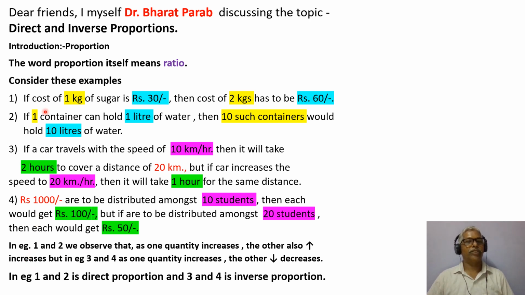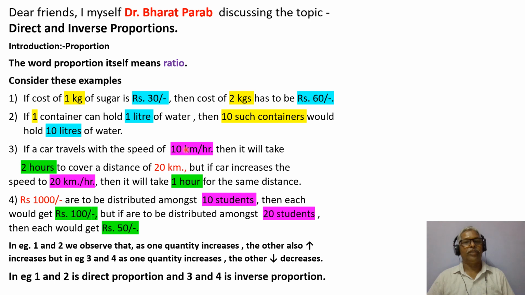Just see, in the first and second, when the weight increases, the price also increases. Or here, if the containers increase from 1 to 10, then the capacity also increases from 1 to 10. But here, the speed is doubled, the time is halved, it takes half the time.